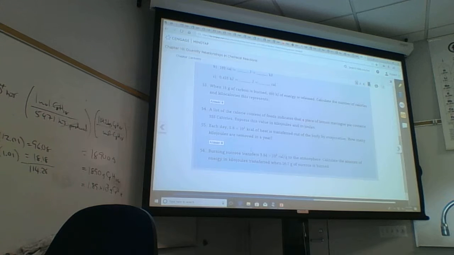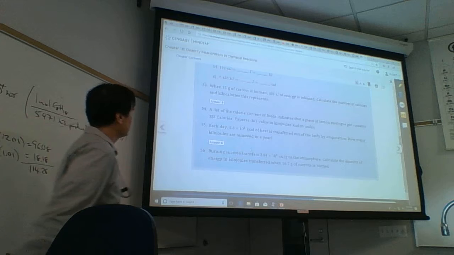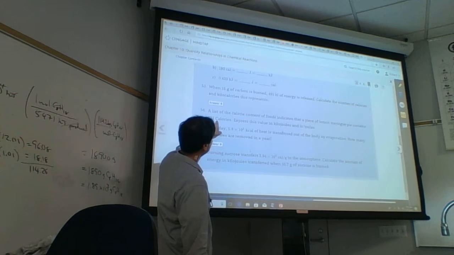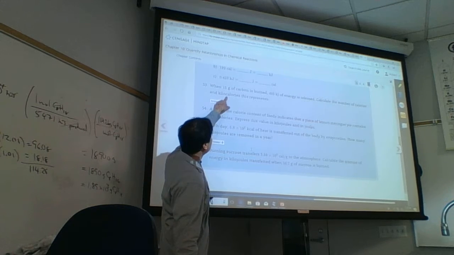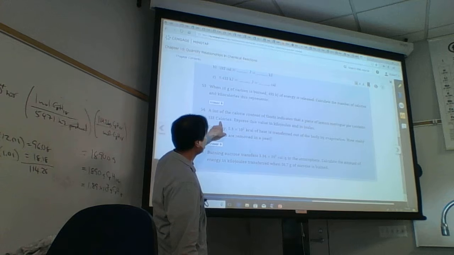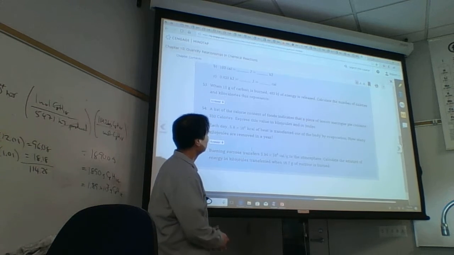54. A list of calorie content of foods indicates that a piece of lemon meringue pie contains 333 calories. Note this calorie is capital C. This calorie is lowercase c. So these are different. One capital C calorie is 1,000 lowercase c's.